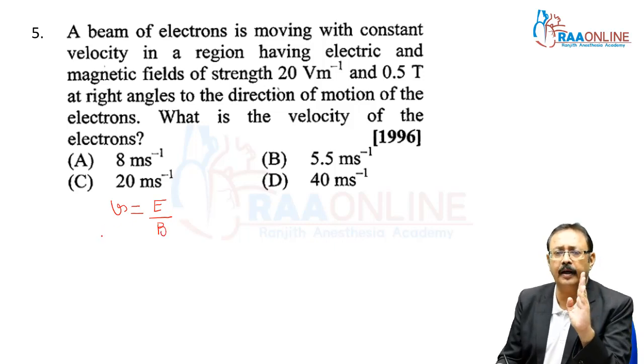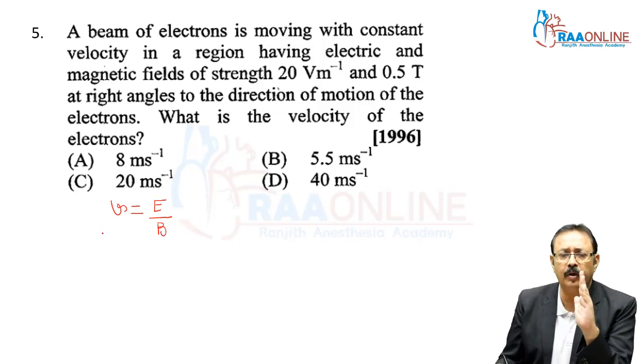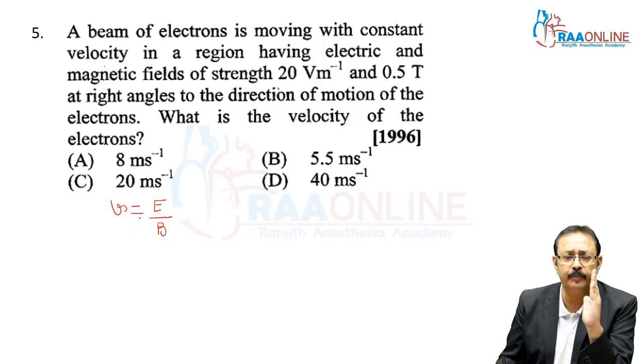If both are acting perpendicular to each other, in combined effect, the velocity of charge is given by E by B.